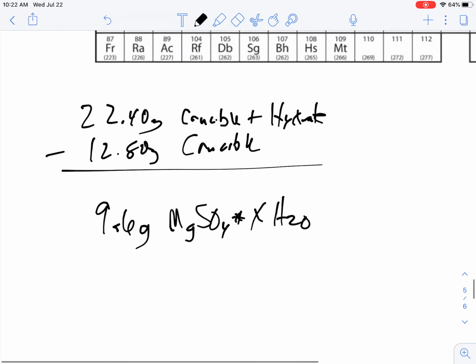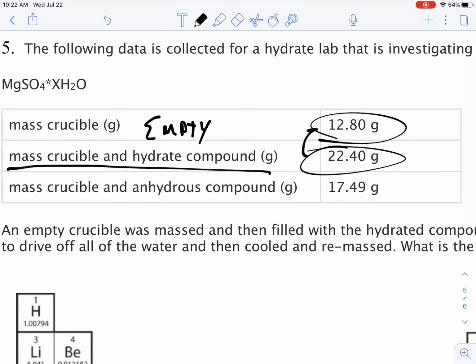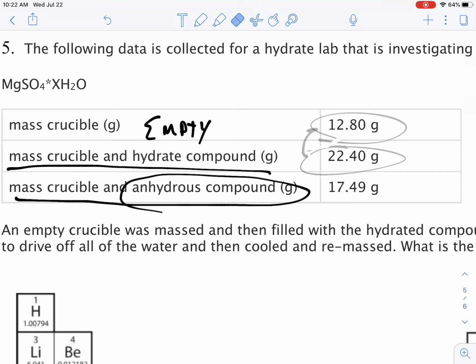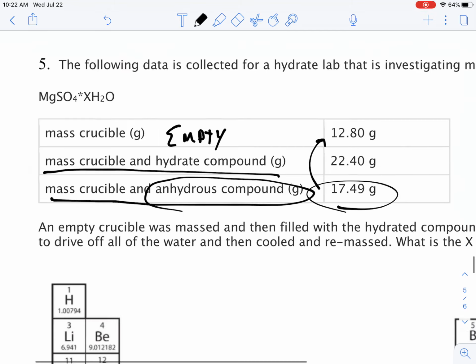Now I'm going to do the exact same thing here, except that after heating it and driving all of the water off, I now have the crucible and the anhydrous compound that is left over, and it apparently weighs 17.49. That's here. But again, I don't care about the crucible, so I'm going to have to subtract it out.